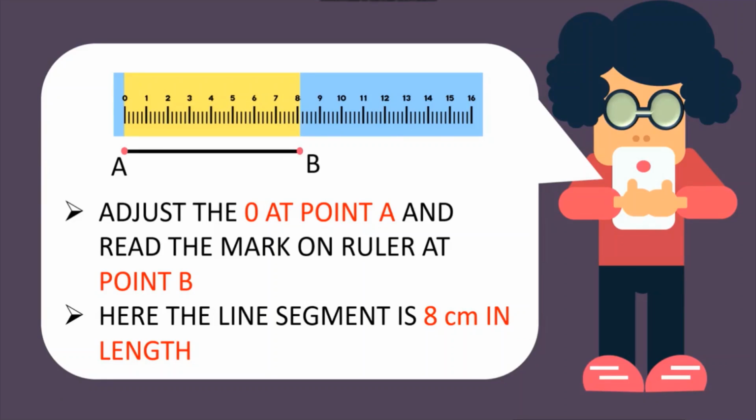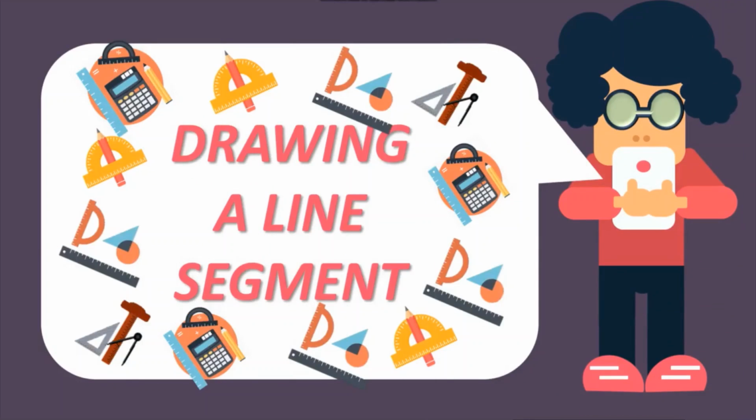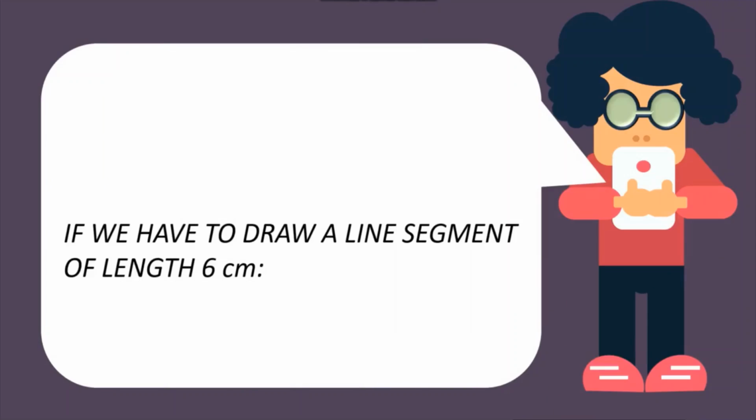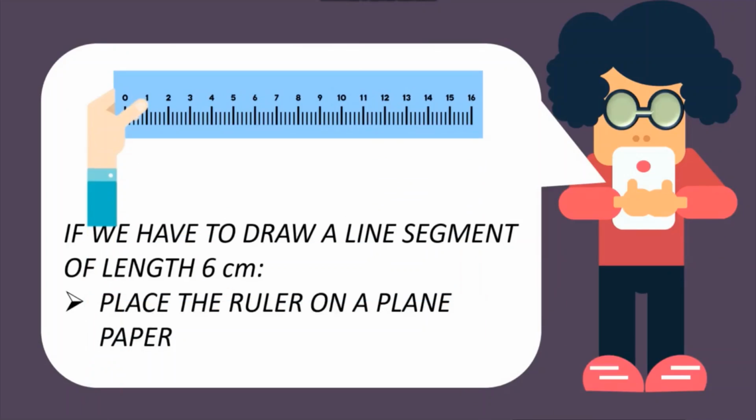Now we will learn how to draw a line segment. Suppose we have to draw a line segment of length 6 centimeter. So first we place the ruler on a plain paper.